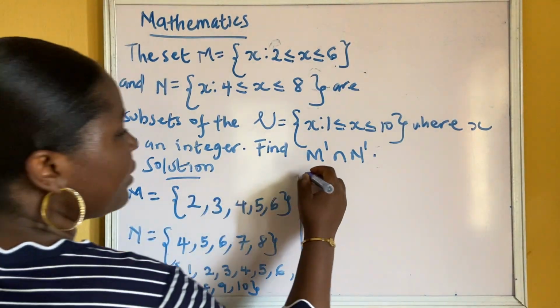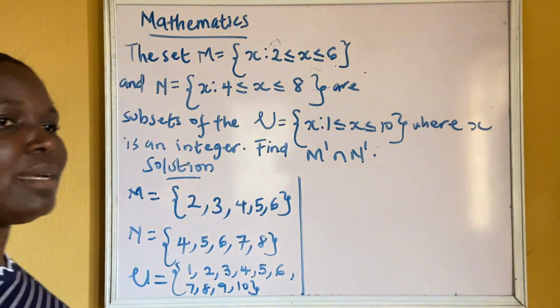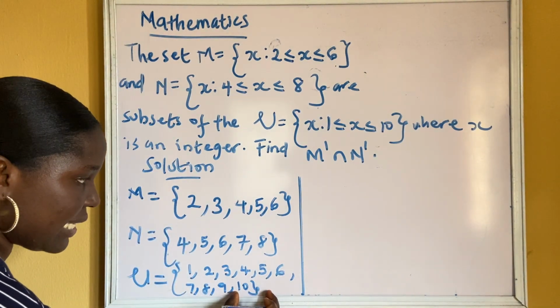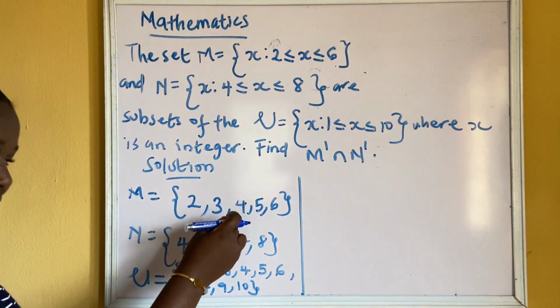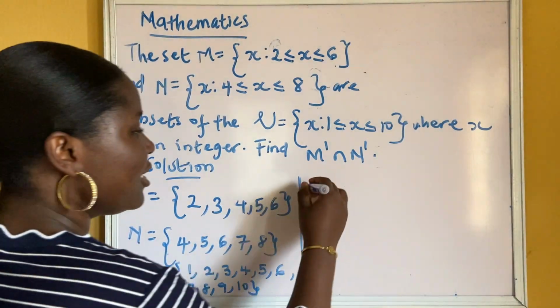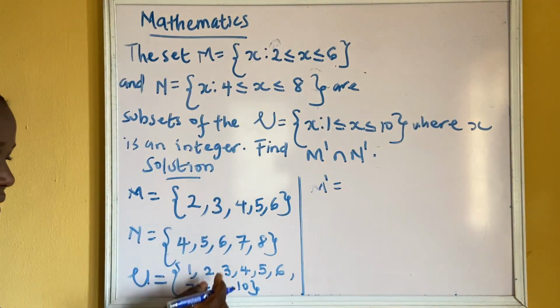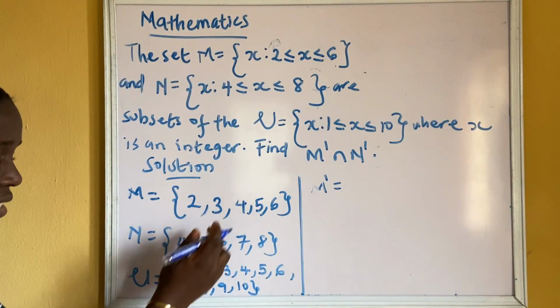So what is M complement? M complement means the elements in the universal set that are not in M. It's as simple as that. So M prime now equals, what are the things in the universal set that are not in M?